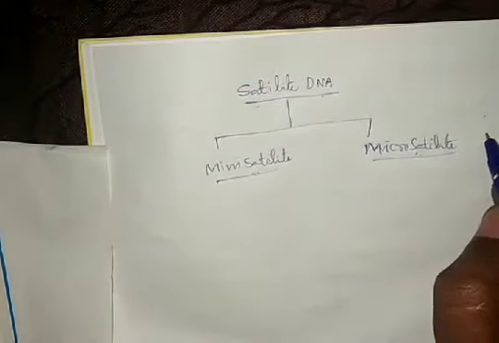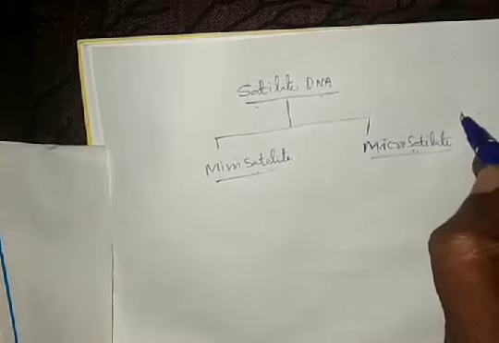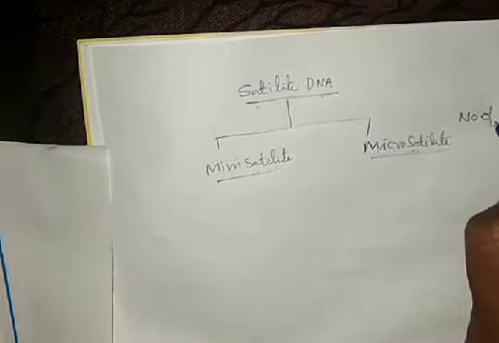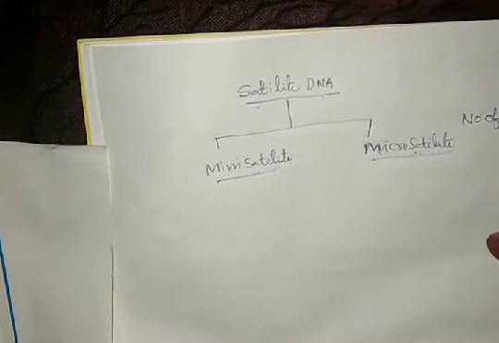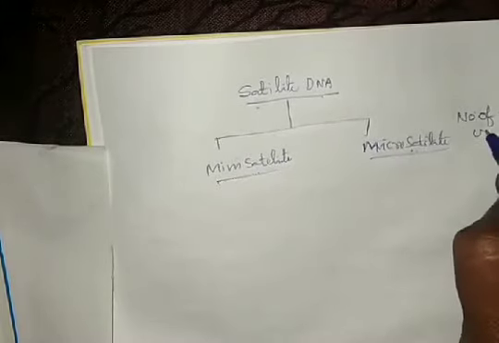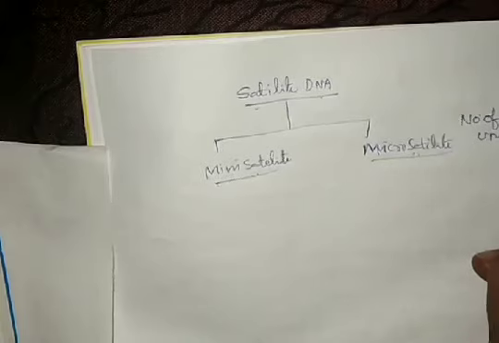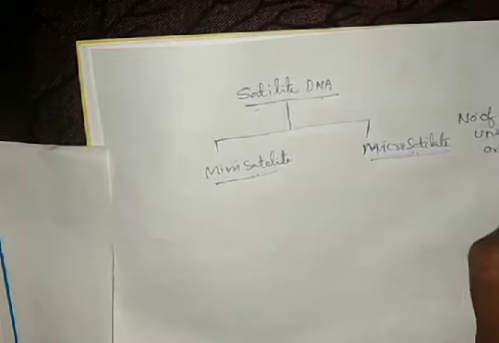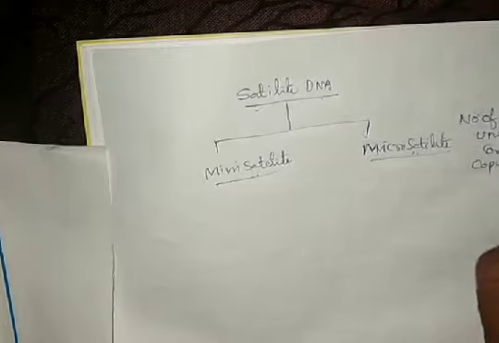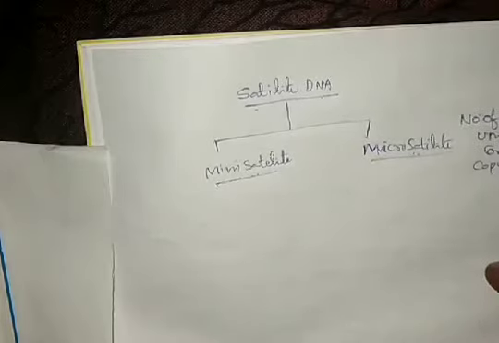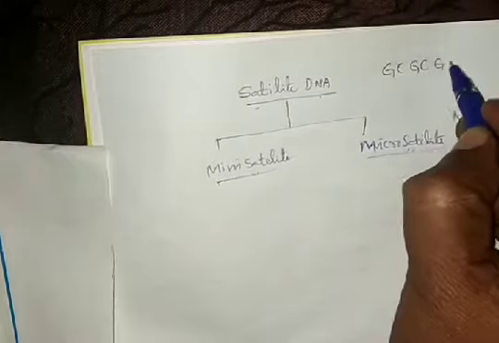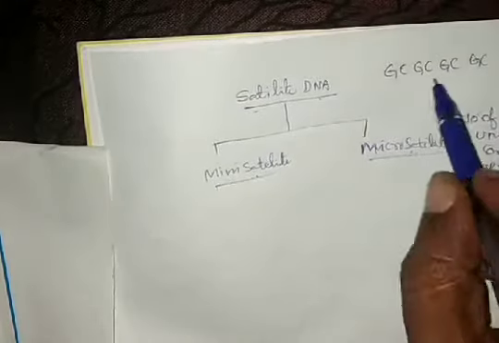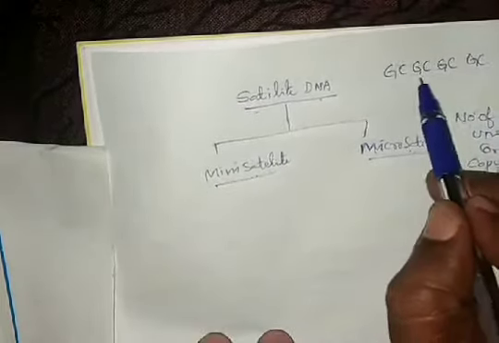Based on those points: the number of repetitive units is the copy number. For example, GC, GC, GC, GC here. How many times is it repeating? 1, 2, 3, 4 times.